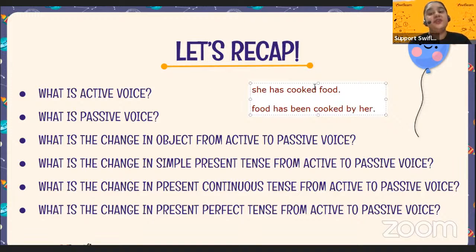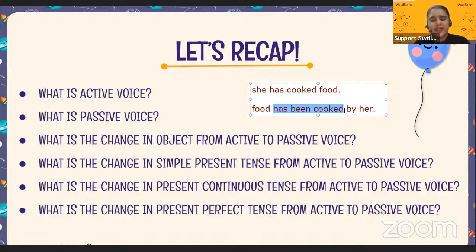So here your object food will change into subject for passive voice. Food has been. So what are we using here? Has been cooked. Getting it, everyone? Good.